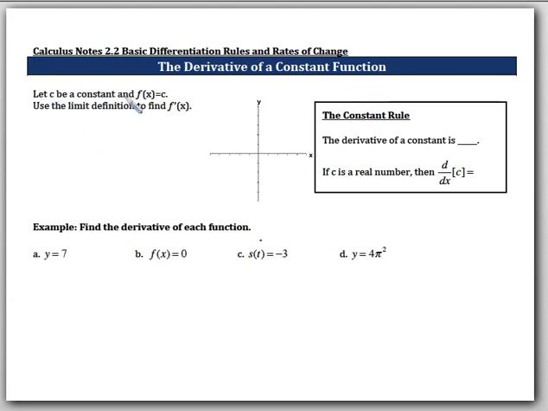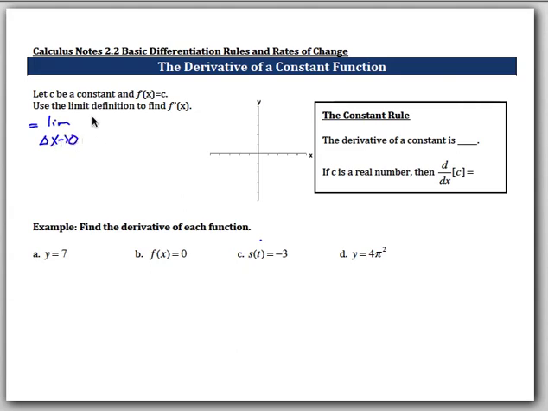So it says let c be a constant and let f of x equal c. So here it just equals some number. And it says use the limit definition to find f prime of x. So all we have to do here to use the limit definition to find f prime of x is just start with our limit as delta x goes to 0.